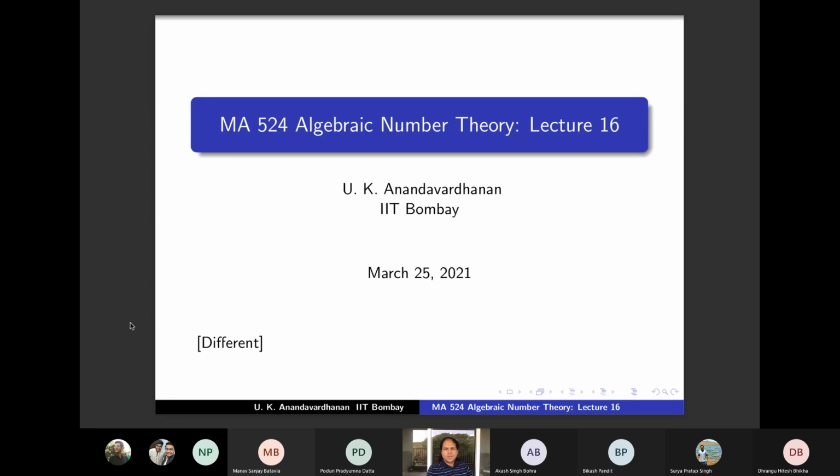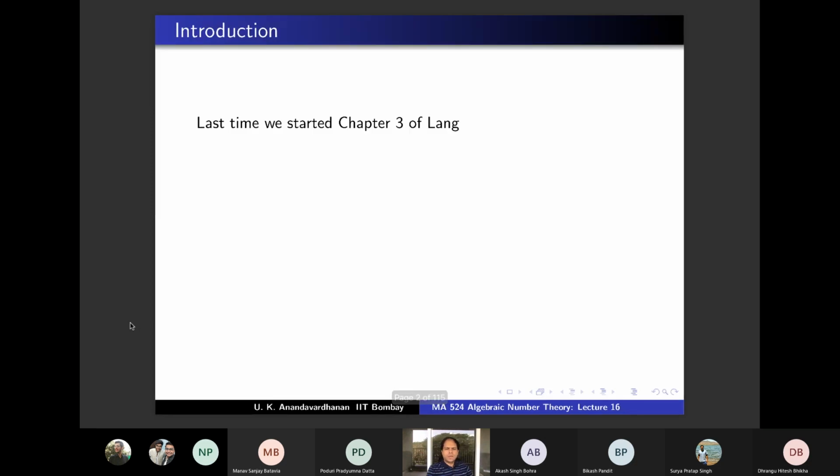Okay, so today we are going to discuss this notion of different, a very important concept. Last time we started chapter 3 and discussed the notion of a dual lattice. So you have an extension E over K, finite separable, and K is the quotient field of A. You are taking B to be the integral closure in E, and for any additive subgroup of E, we introduced this notion of what Lang calls complementary module or dual lattice.